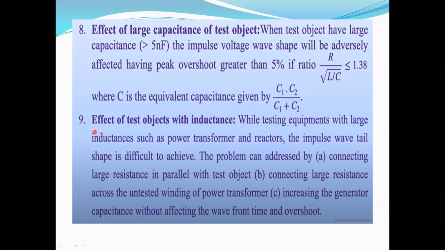Next, the effect of test objects with inductance. While testing equipment with large inductance, such as power transformers and reactors, which have very high inductance, the impulse wave tail shape is difficult to achieve.